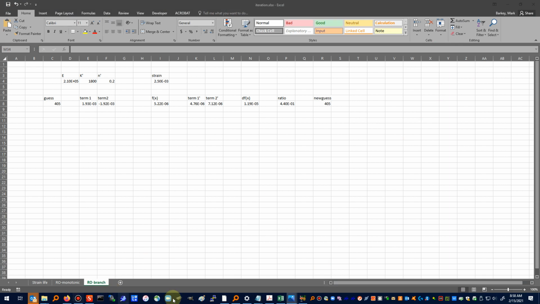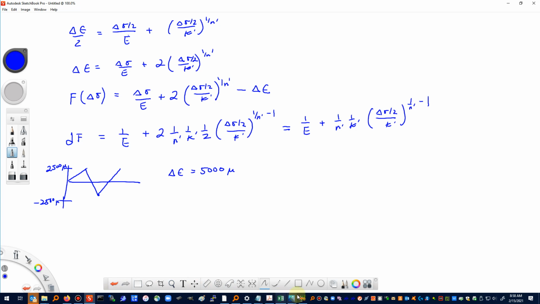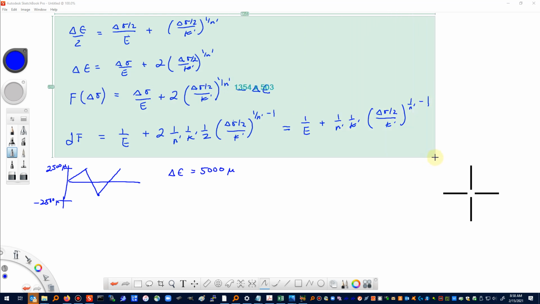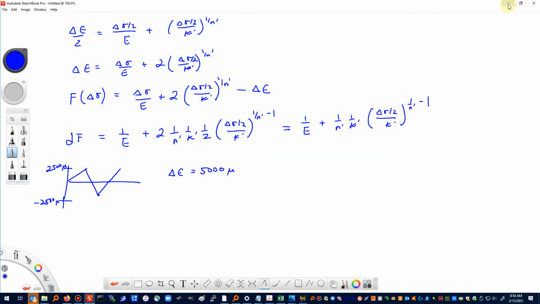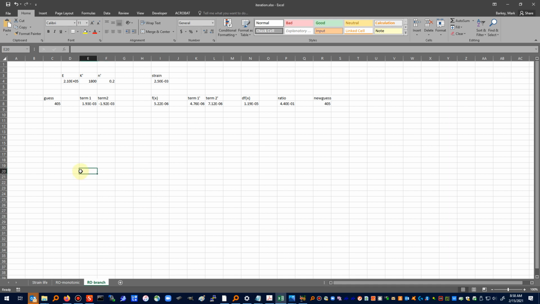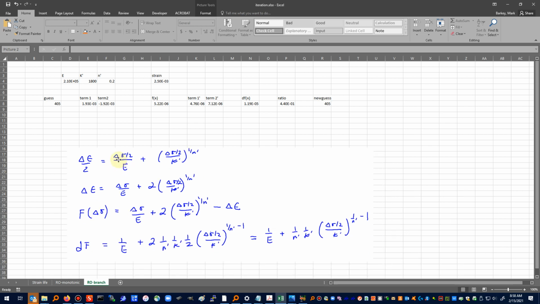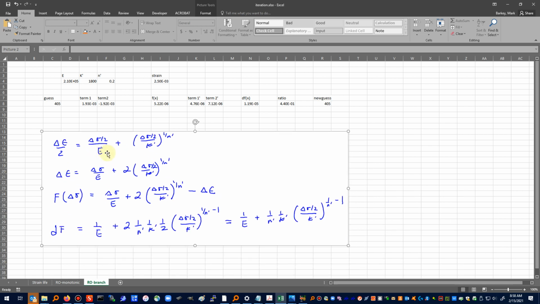Let's see, let me find, there it is, my sketchbook. I'll paste this picture in here so I have those equations for reference. And I'm just going to modify this one here and move my tablet out of the way.